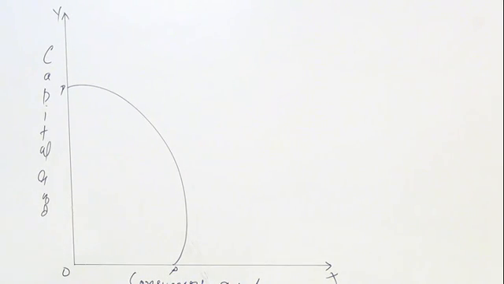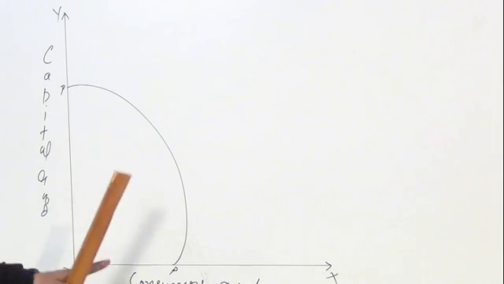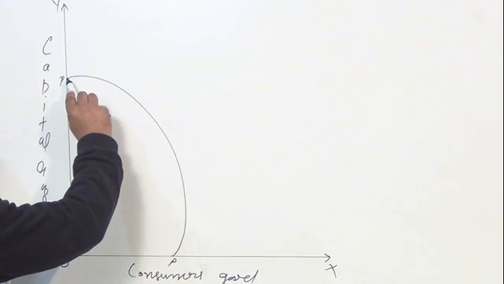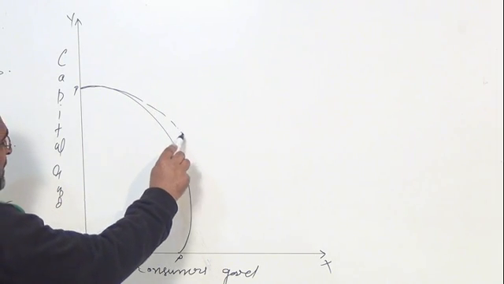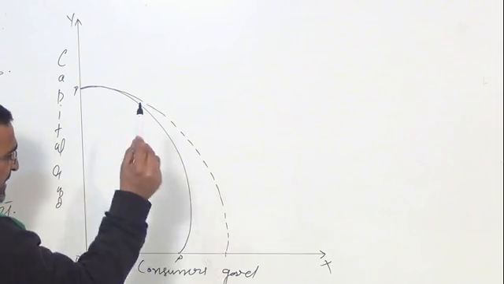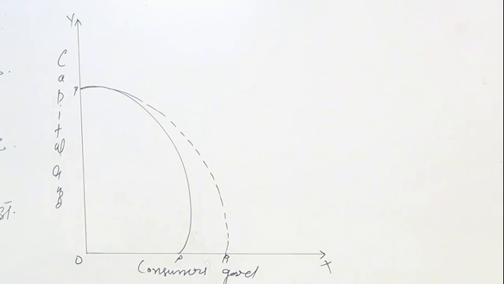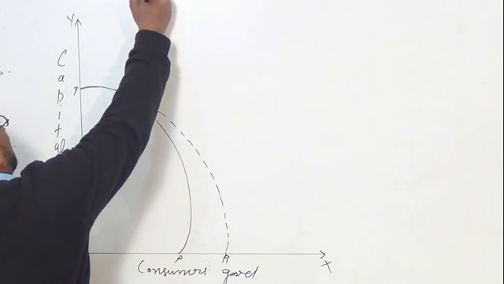I have already told you that sometimes it rotates towards x-axis, it rotates towards y-axis. First, I will show how it rotates towards x-axis. This is one rotation of production possibility curve.